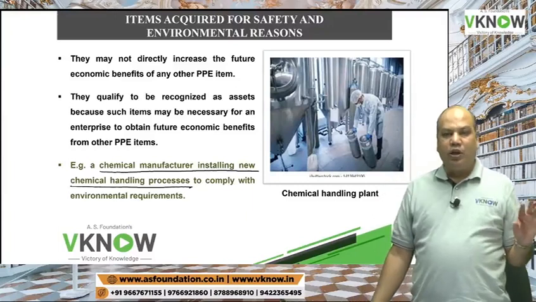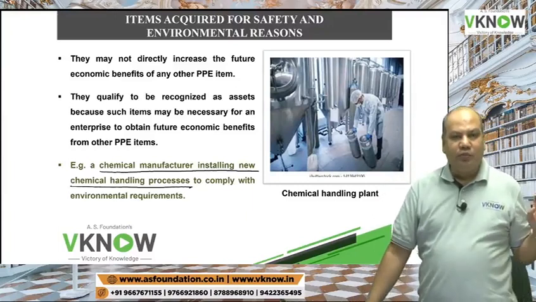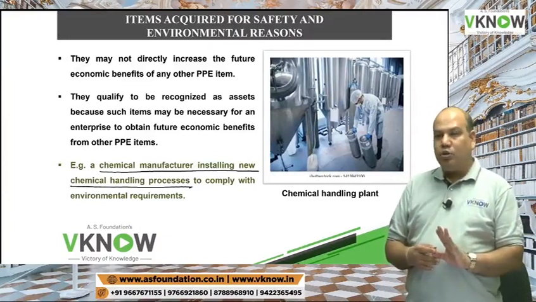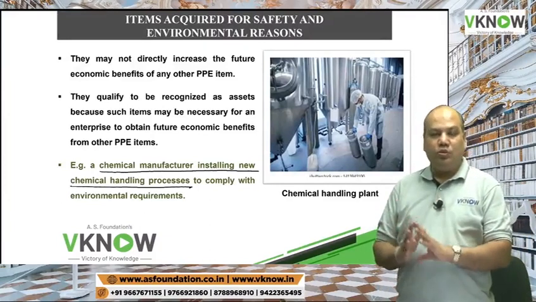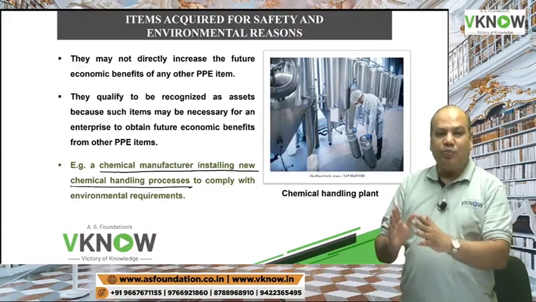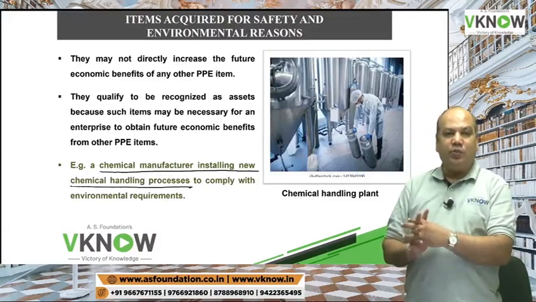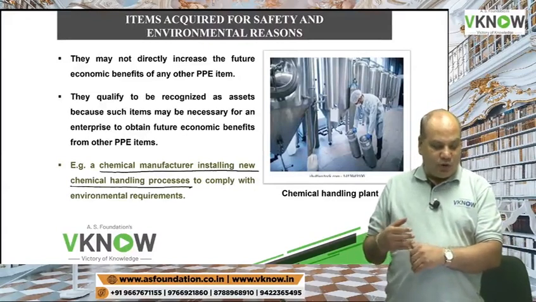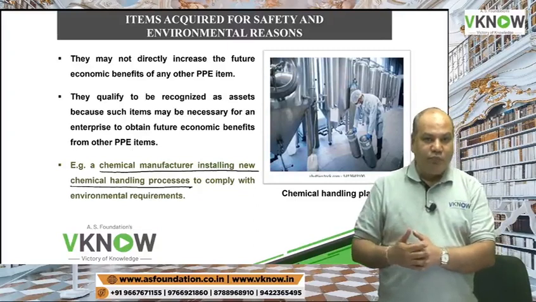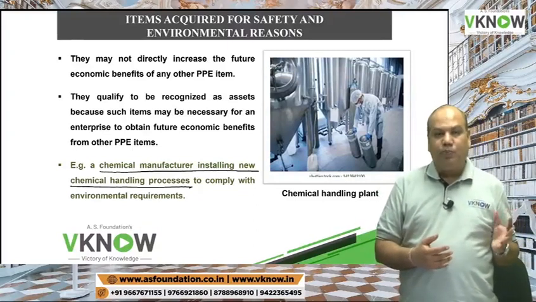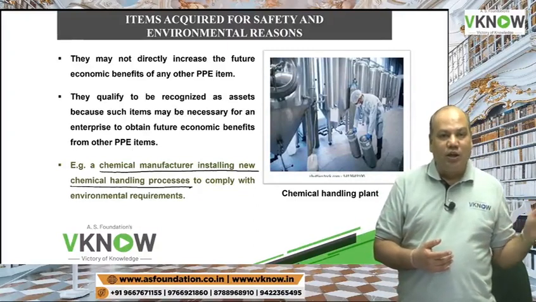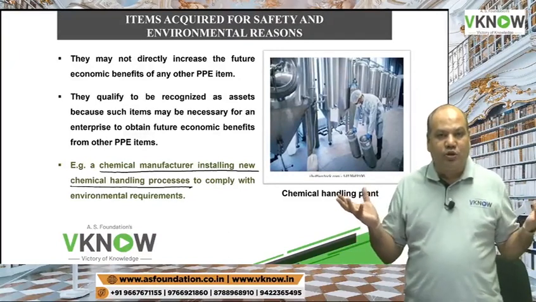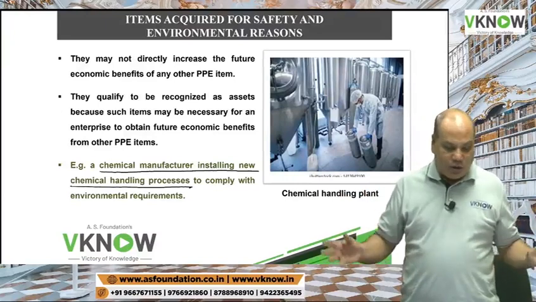If you want to get the license to start a factory, the law of the state says you need to have a pollution control process, chemical handling process. Before the water is dumped into the river, it must first be processed. The waste material must first be processed. Now, this material processing machine, chemical handling machine, they themselves are not helping us to produce goods or service, or for administration or for rental.